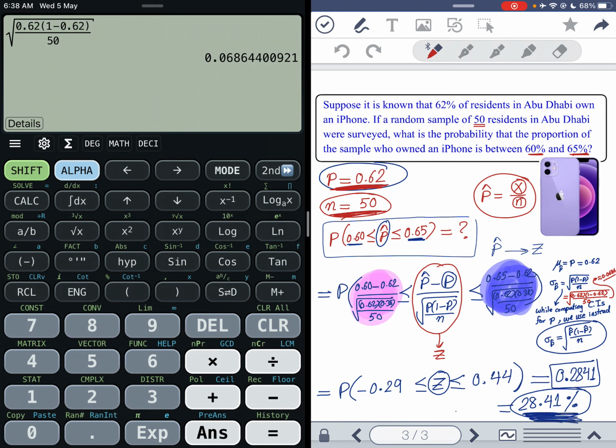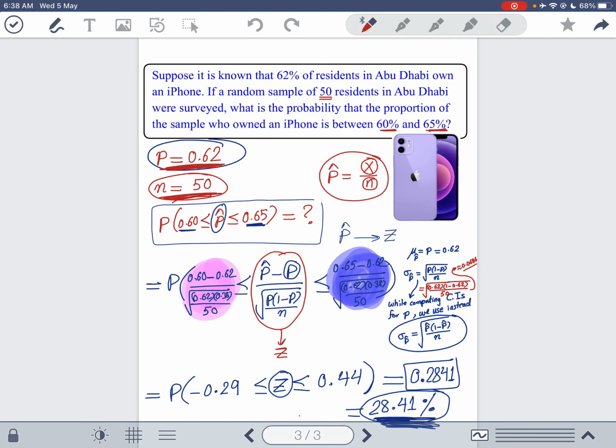And now look at how beautiful this will be. So now I will write them here better. Your mu is p, which is 0.62, and your standard deviation is 0.0686. Remember these numbers. Let me highlight them so you look at them now when I'm using the calculator.